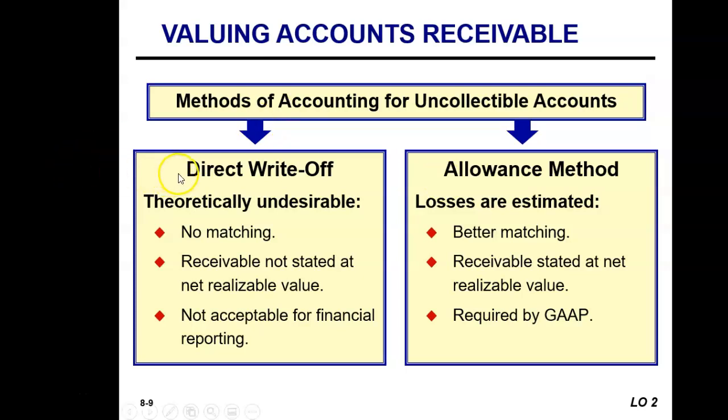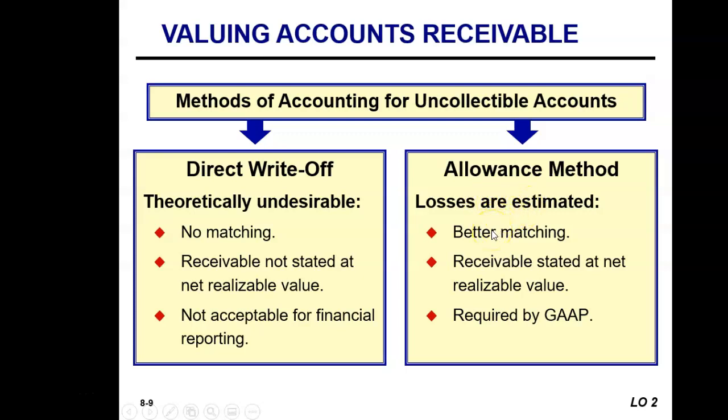With the direct write-off method, which is undesirable, there is no matching of revenues and expenses. Receivables are not stated at their net realizable value, and it's not acceptable for financial reporting. So we'll discuss why the approach is even an option. But with the allowance method, we spend most of our time here. The losses are estimated.